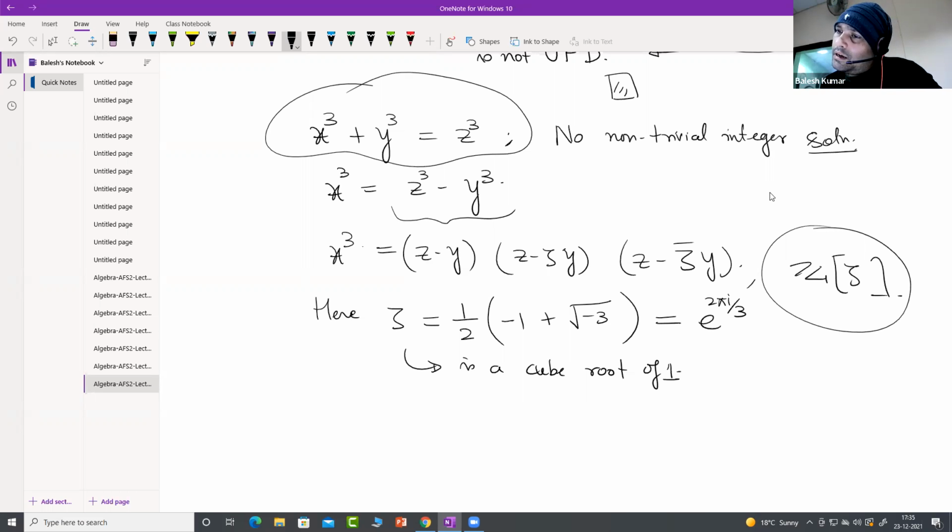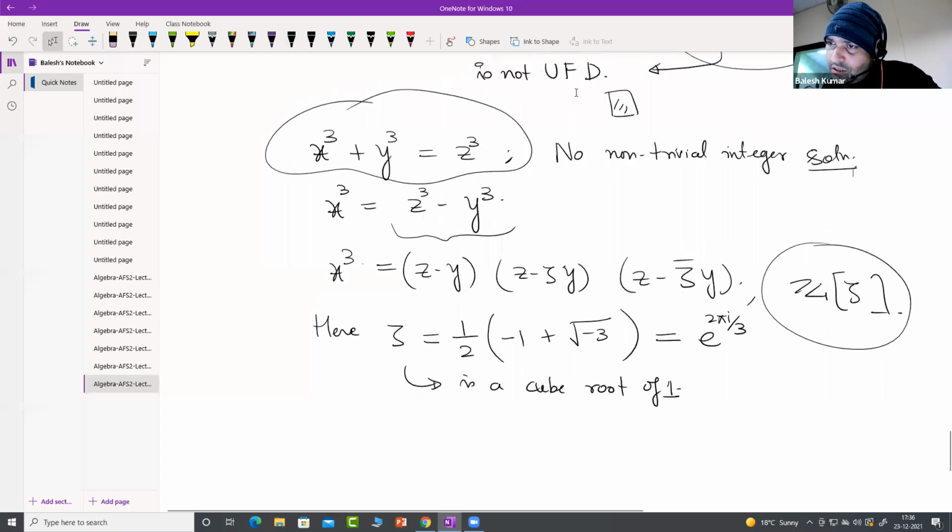Non-trivial here means that trivial solutions are those where you take one of x, y or z to be 0 and the other two as 1. It has been proven by Euler that it has no non-trivial integer solution, but the proof is not so straightforward, and we are not going into those things.